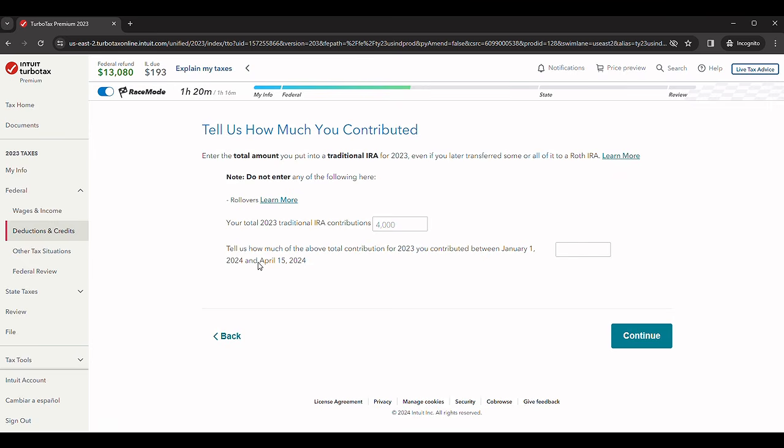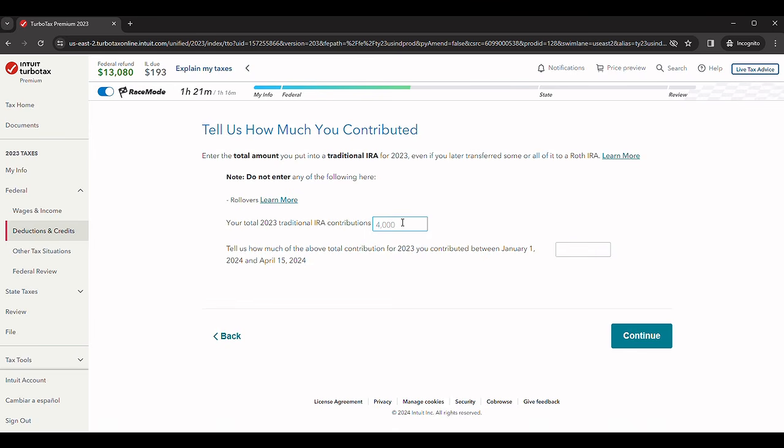For this one, you have until the tax filing deadline, because most of these tax deductions are calendar year, what you did from January 1st up until December 31st. But this one, they give you more leeway, up to the tax filing deadline. Let's just say we did the $4,000 contribution last year, so we're going to write 0 here.